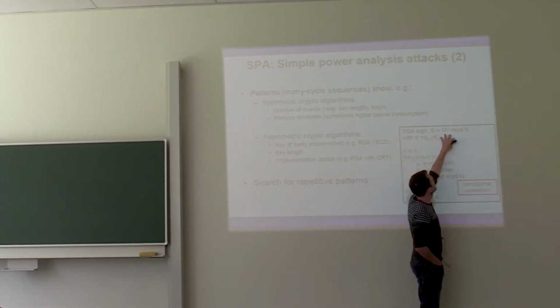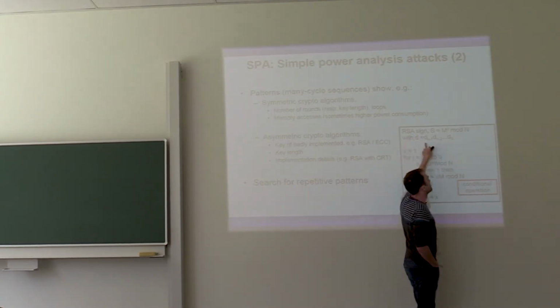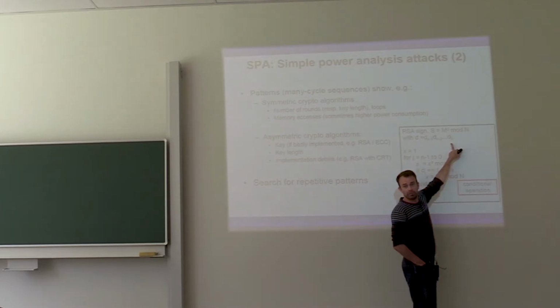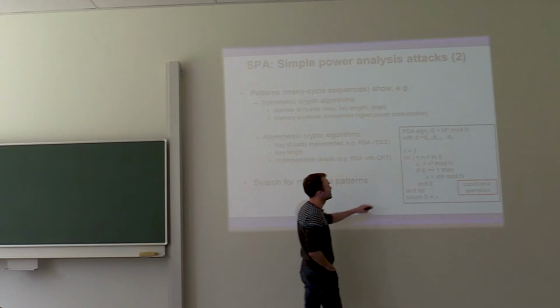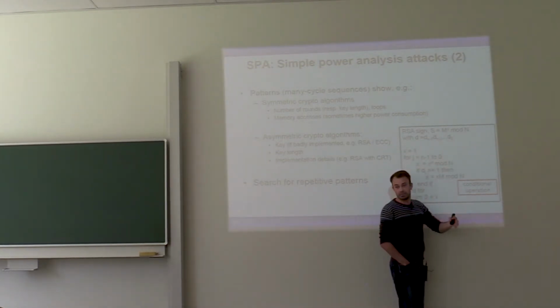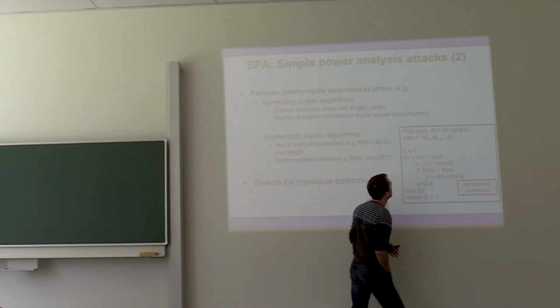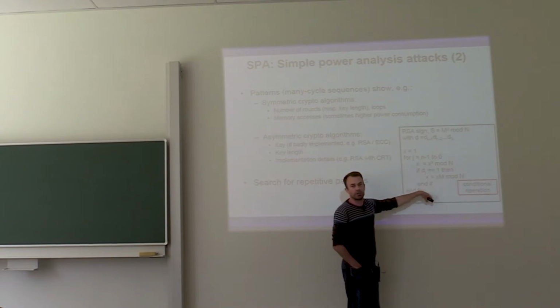Okay, so we want to compute this. And our key here, our private exponent, is going to be represented as an n-bit bit string. As I said, any implementation will compute this as a single huge operation, but it's going to be broken down, and the simplest way to do this is called square and multiply.